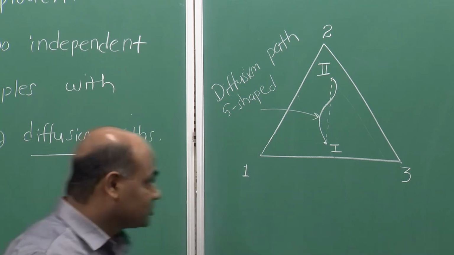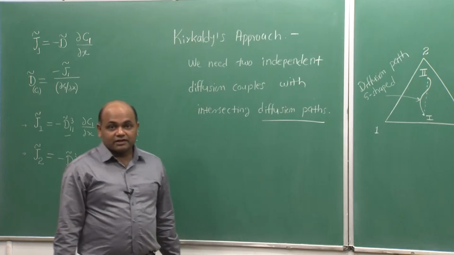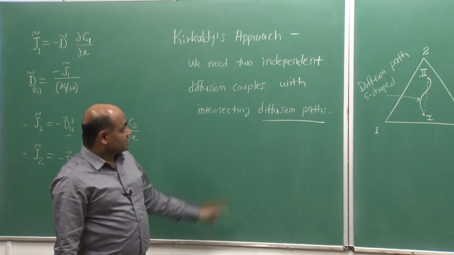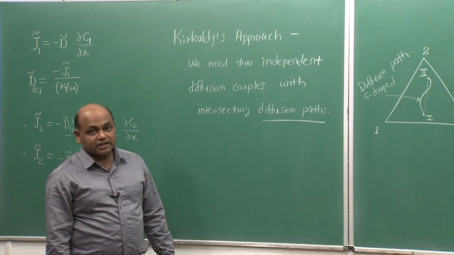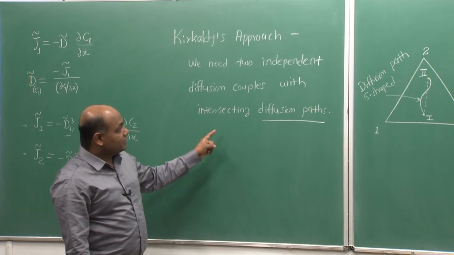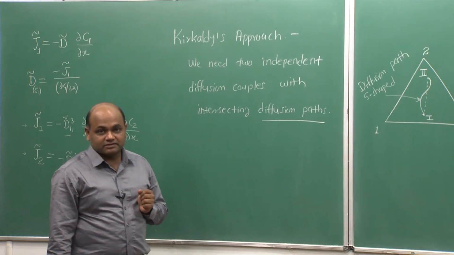Now, coming back to Kirkaldy's method for determining ternary interdiffusion coefficients, we want two independent couples.